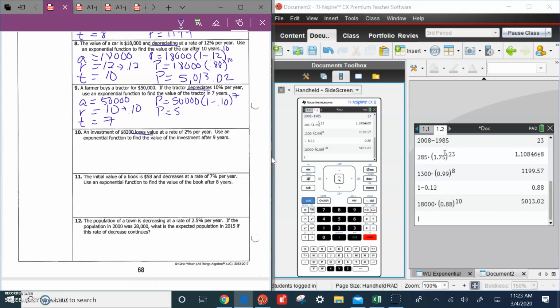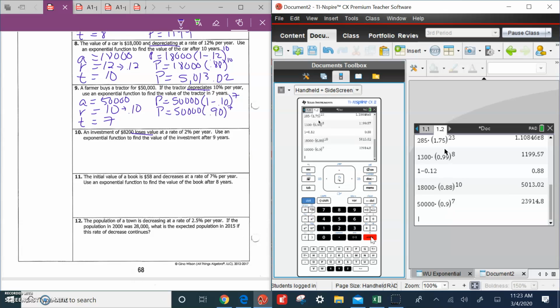So P equals 50,000 times 0.90 raised to the 7. All right, type it in. 50,000, 0.90 raised to the 7. All right, so it is worth, and I don't see the cents, so click up, hit enter, because I wanted the ones too. And it's going to be worth $23,914 with 85 cents. That would round up, right? Because of the decimal next to it.